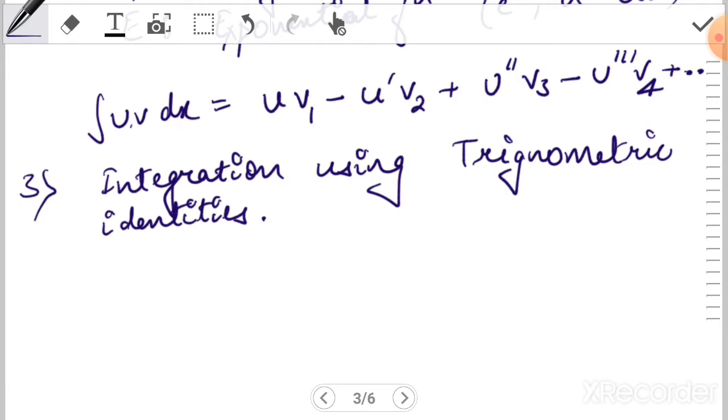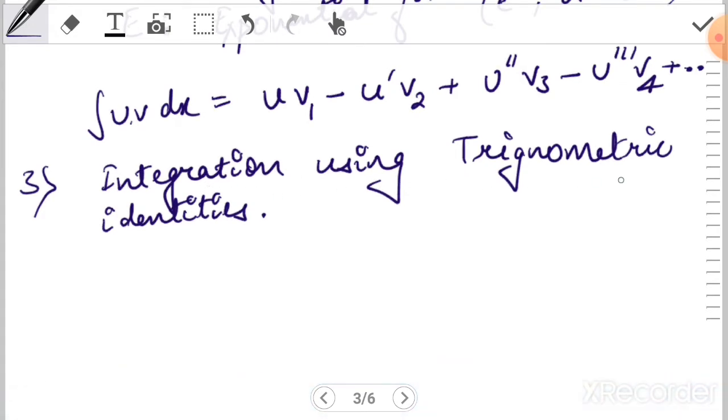If the integrand involves any kind of trigonometric function, then we use integration using trigonometric identities to simplify the function. So let us see a few trigonometric identities.